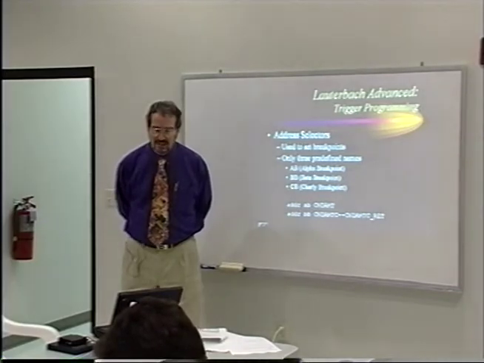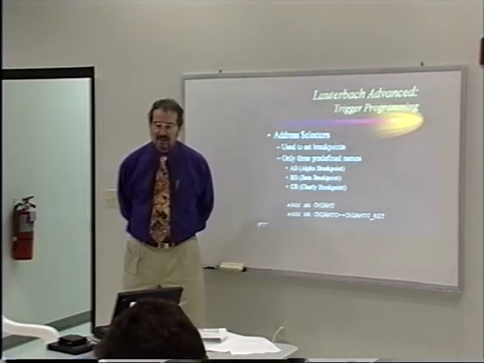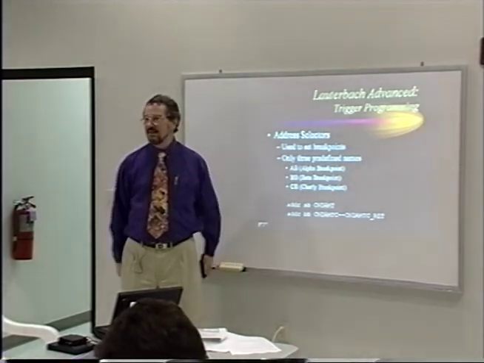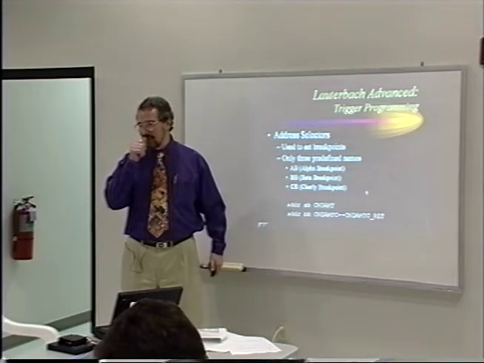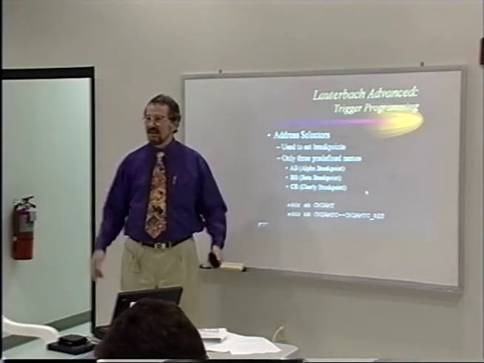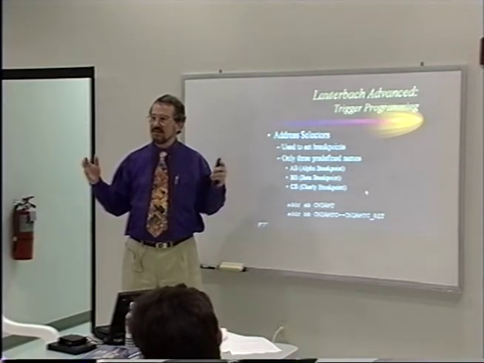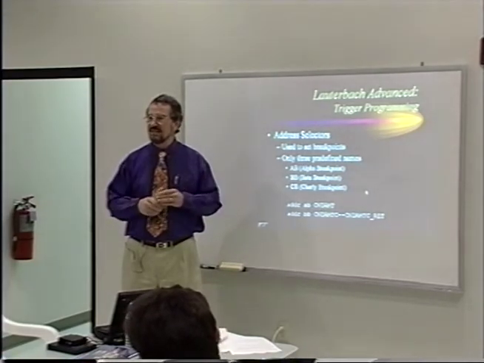We could say ADDR, AB, CND amount, comma, CND pan, comma, CND anything else. I don't think any of us will run into the limit. It's got limited memory to store all this stuff, but it's a big number.